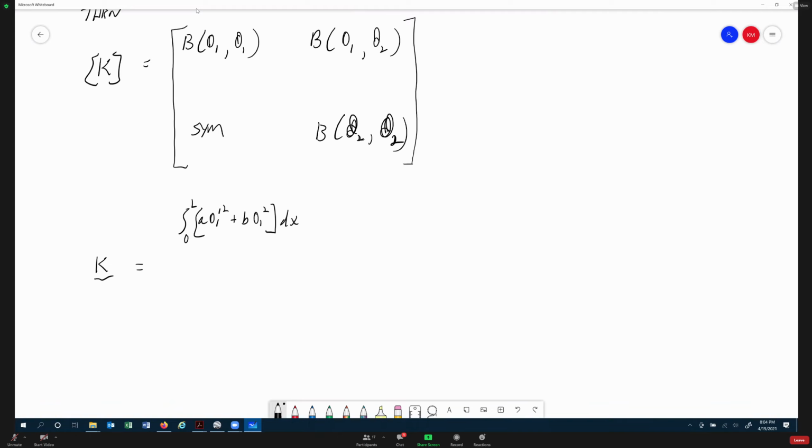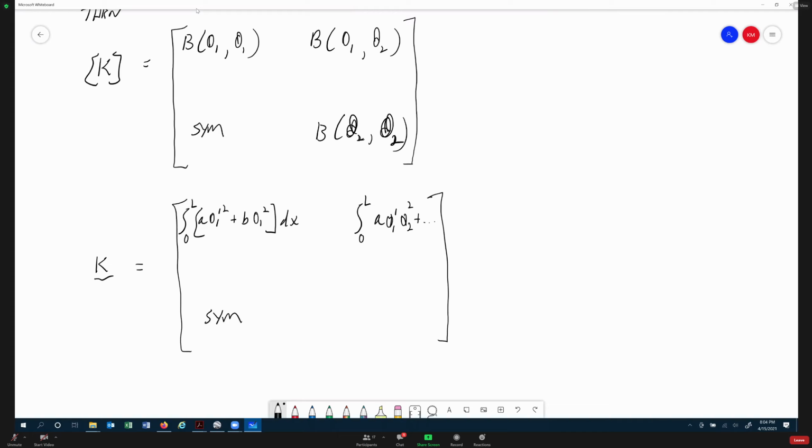And then our second term is the integral from 0 to L of A phi 1 prime phi 2 squared plus da, da, da. So the point of this is that these are integrals.